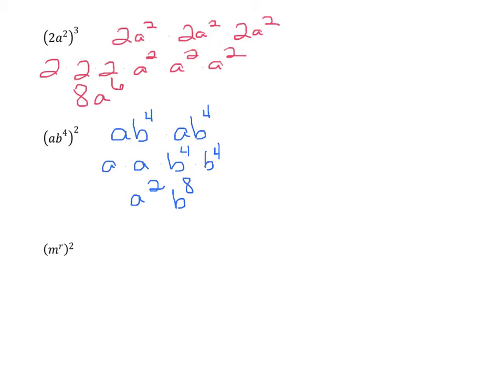And then on this last one, m to the r power, quantity squared, I have m to the r times m to the r. Well, the rule says as long as my base is the same, I can add these two exponents. R plus r is 2r, so this becomes m to the power of 2r.